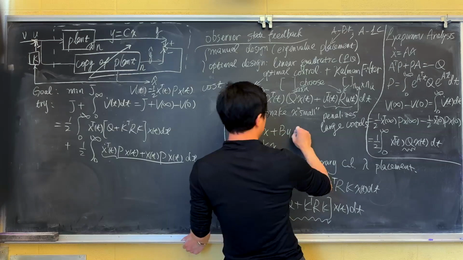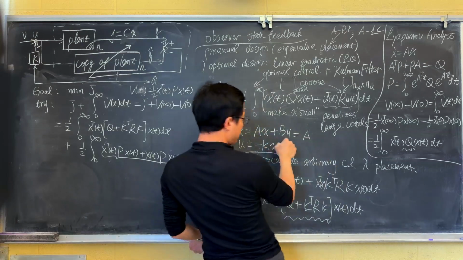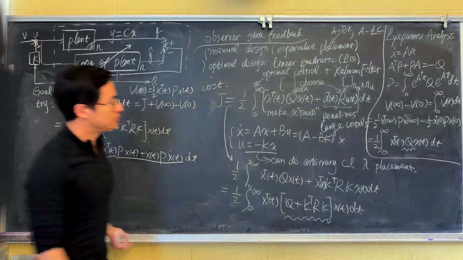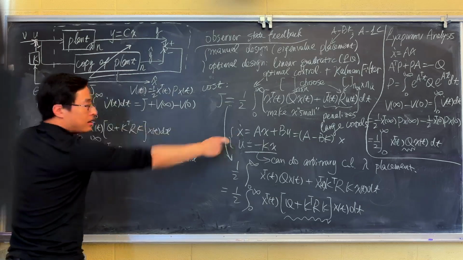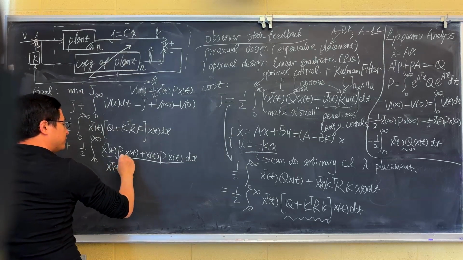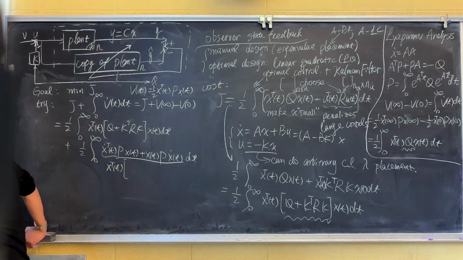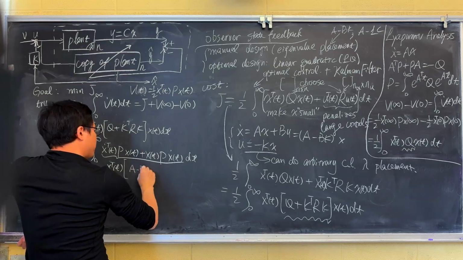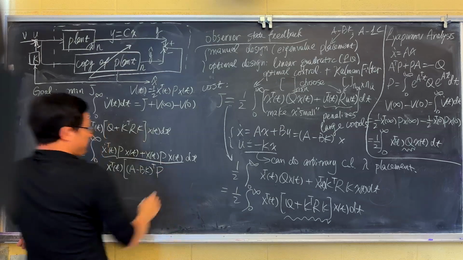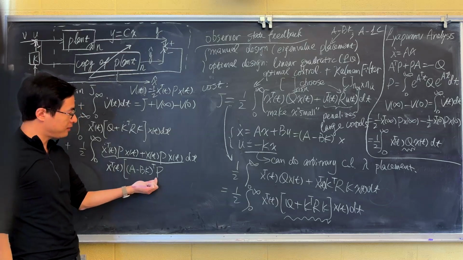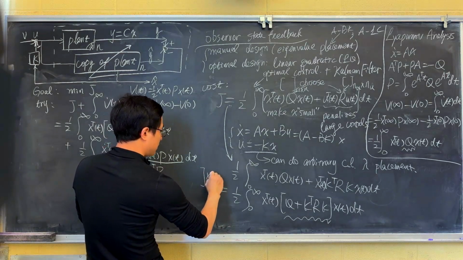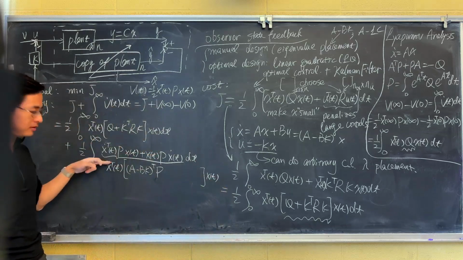X dot equals Ax plus Bu, or A minus BK x. So that's our X dot. X dot transpose is X transpose times A minus BK transpose times P times xt. So that's the first part.